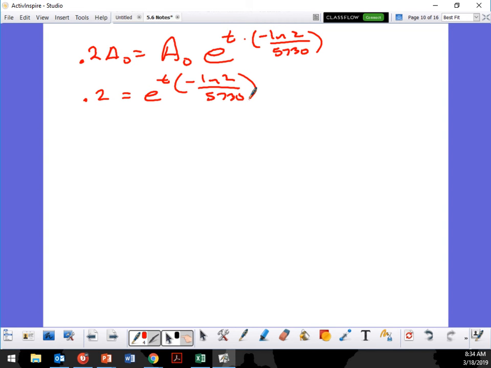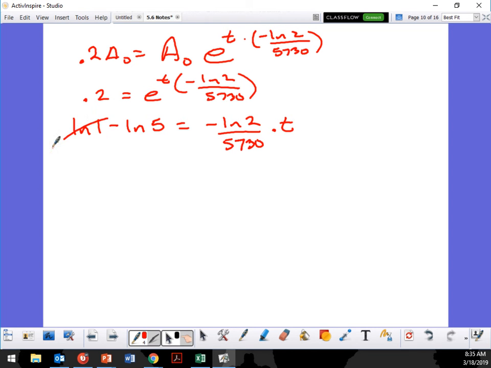I'm going to turn that 0.2 into a fraction. It's 1 over 10, isn't it? 1 over 5, right? Yeah, sorry, 1 over 5. So it'd be ln of 1 minus ln of 5 equals negative ln of 2 over 5730 times t.